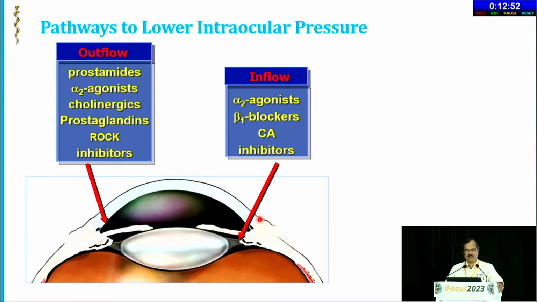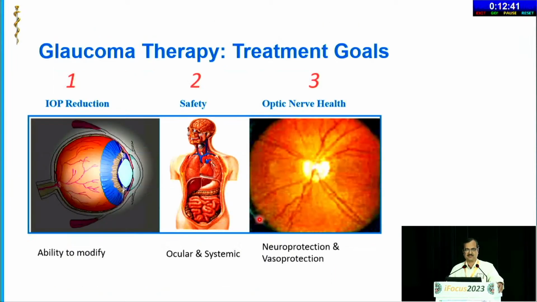And what are the inflow reductors available for us as of now? The alpha agonists, they act both at inflow, reducing the production of aqueous, as well as facilitating the outflow facility, the beta-1 blockers and the carbonic anhydrase inhibitors. So whenever you are assessing an anti-glaucoma medication, the way to go is these three parameters. What is the ability to modify the intraocular pressure? That means, what is its efficacy?